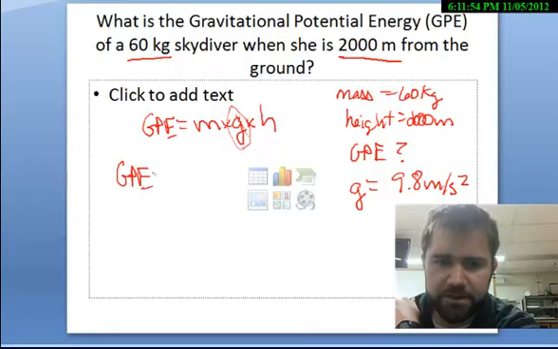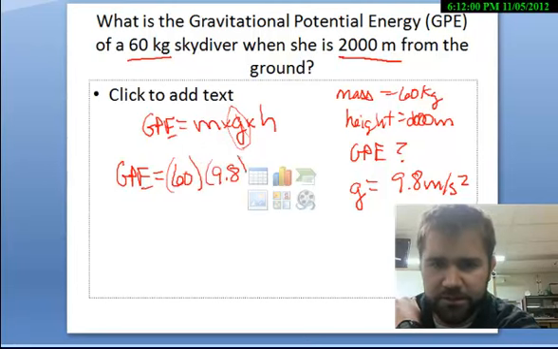GPE is equal to mass times gravity times height, so it equals 60 kilograms times 9.8 meters per second squared times 2,000 meters.